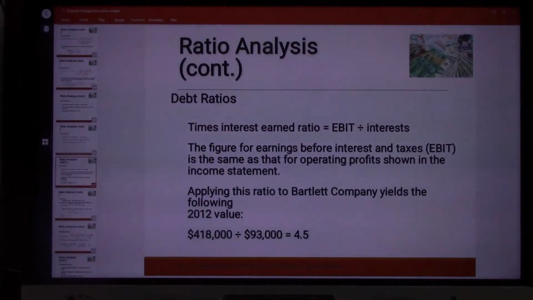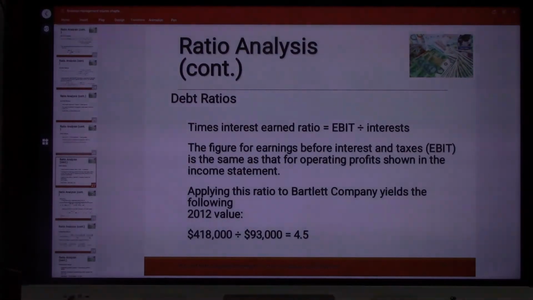Let us continue. Another ratio related to debt ratio is the times interest earned ratio, which equals EBIT, earnings before interest and taxes, divided by interest.